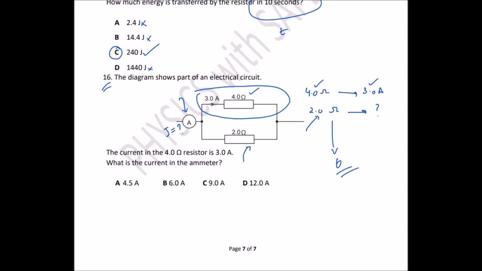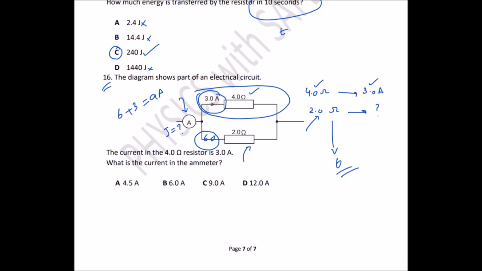You can write like this. Now look at this: these two currents divided before entering the circuit, so that's why the current recorded in the ammeter is equal to 6 plus 3 amp, so that is 9 amp actually.